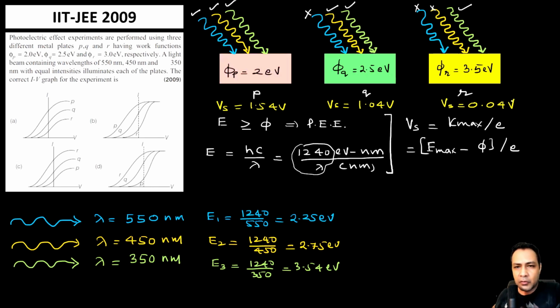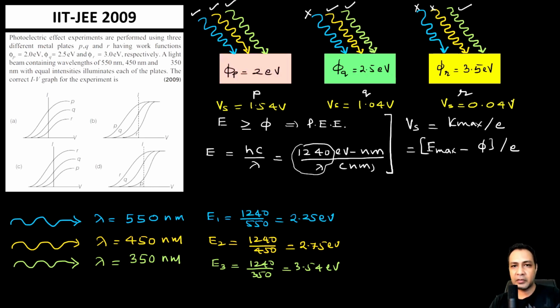And then we also want the maximum photocurrent. See, the maximum photocurrent will be for that plate in which the maximum number of photoelectrons are emitted. All the three wavelengths had the same intensity. So the number of photons incident on all the three plates is the same.